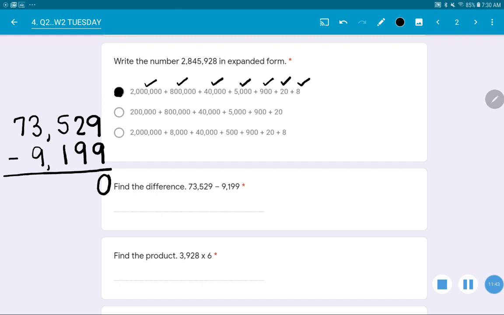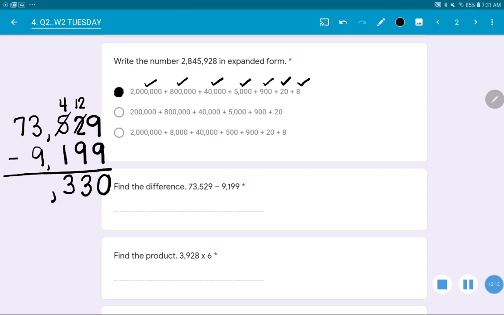That would get me a negative number, so I'm going to come over to my hundreds. Take one of those away. So now I have 4 hundreds, and I'm going to give those to my tens place. It takes 10 tens to equal that 100. So 10 plus the 2 I already have makes 12. 12 minus 9 is 3. 4 minus 1 is 3.